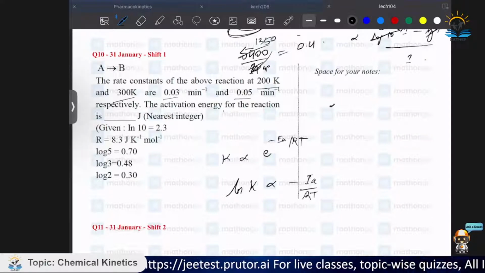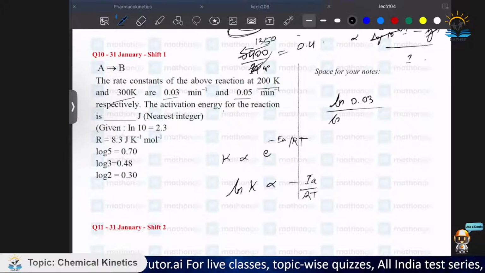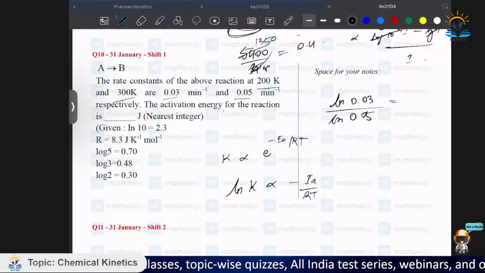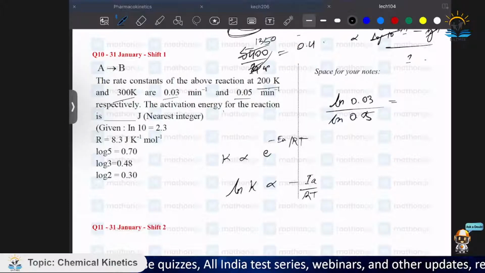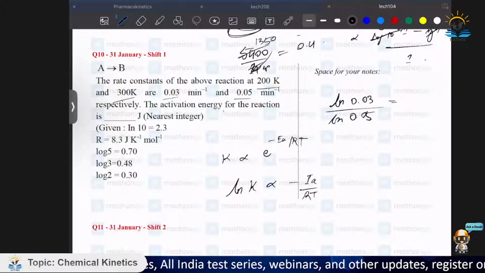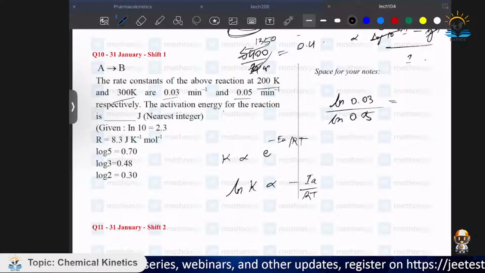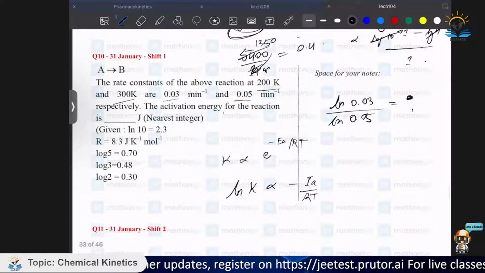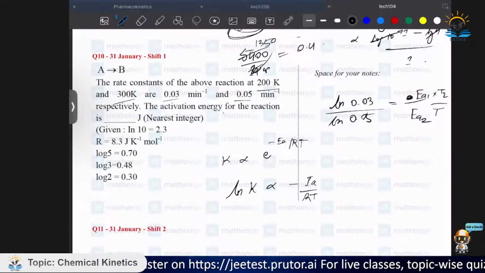So ln of the rate constant ratio 0.03 divided by 0.05 is equal to, R will get cancelled, minus will also get cancelled. It will be Ea2 by Ea1 into T2 by T1.